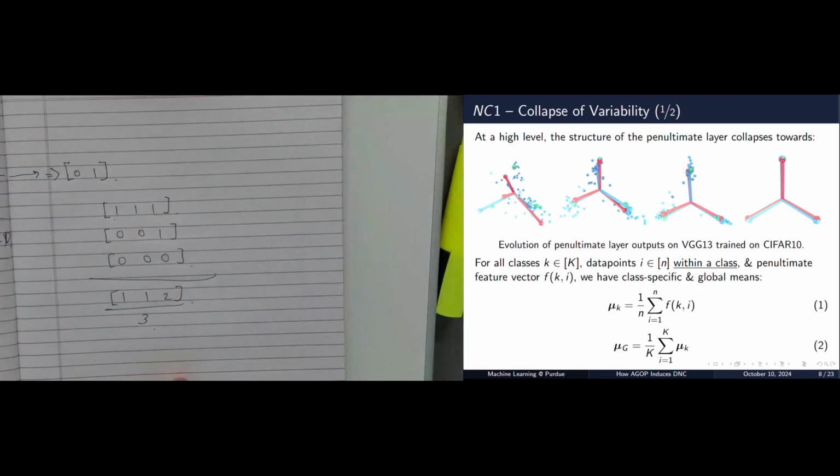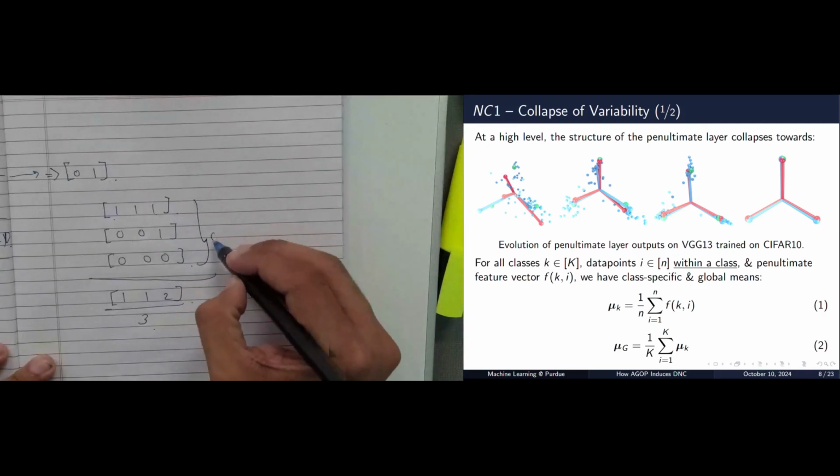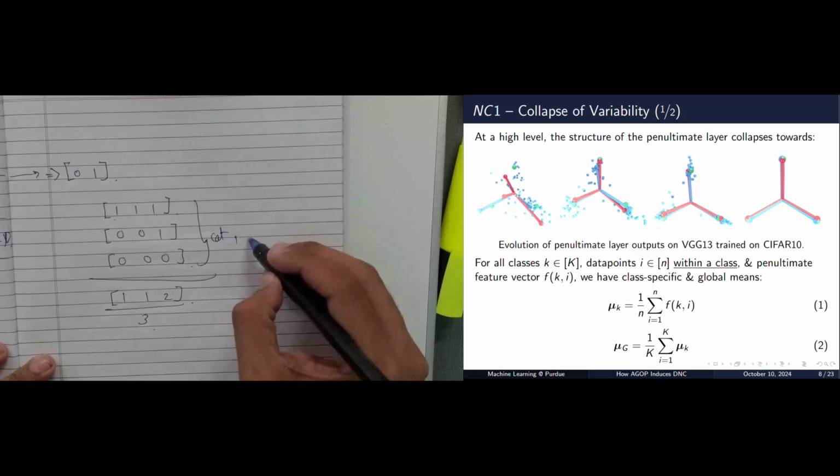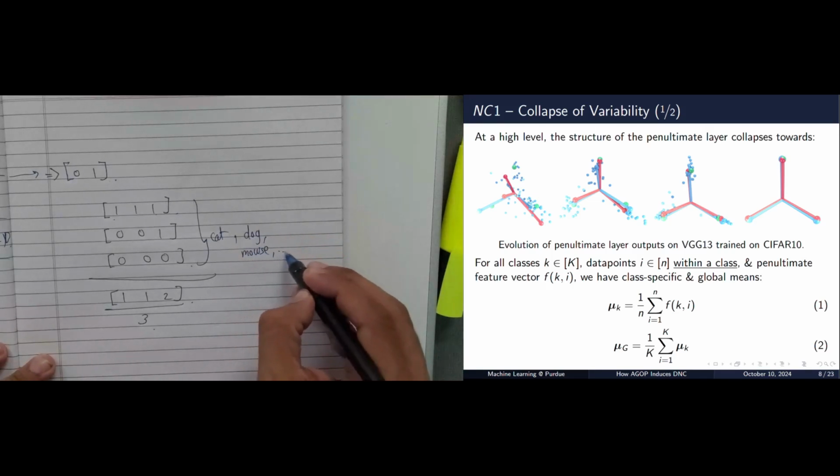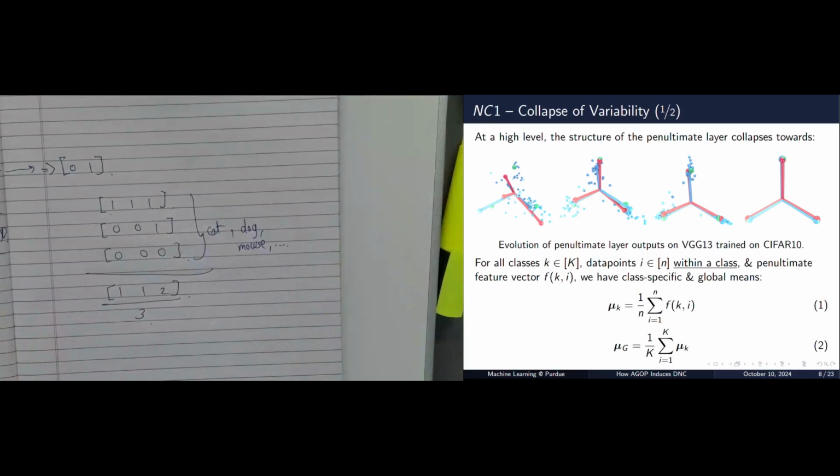I do this for each of the individual classes: for cat, for dog, for mouse, and so on. So I get K class means at the end, and all of them have exactly the same dimensionality as the output of the feature map.